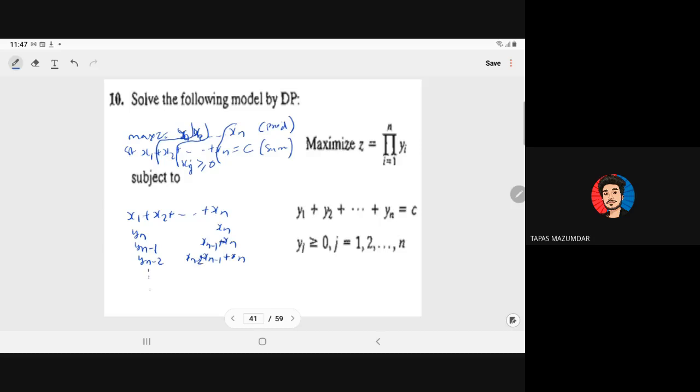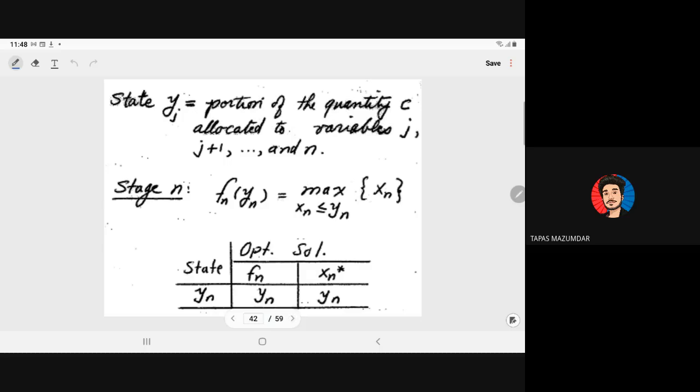Similarly, when we have y2, you allocate x2, x3 up to xn, and when we have y1, it is x1, x2 up to xn. In this way we have the relation between the decision variable and the state variable.